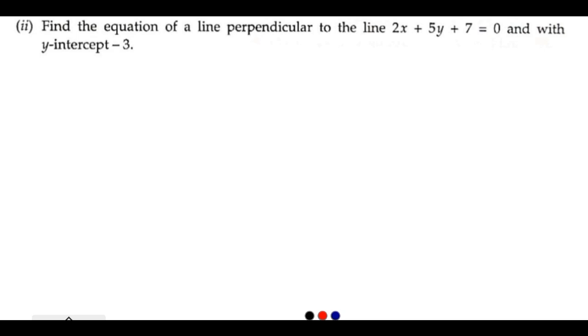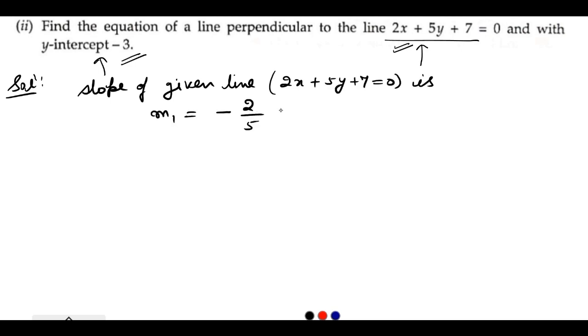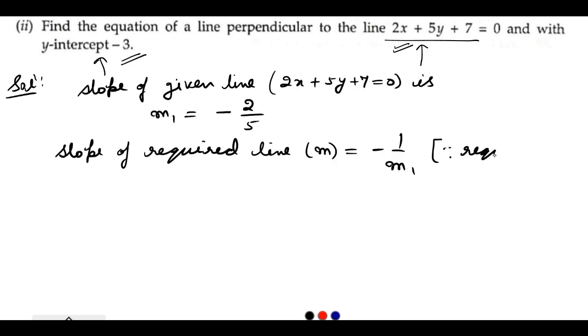Second part of this question, find the equation of a line perpendicular to this and with y-intercept minus 3. Again, the value of c is given and one condition that the required line is perpendicular to this, means we can find the slope of the required line with the help of the slope of this line. 5 by 2.